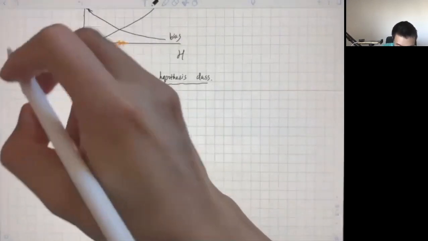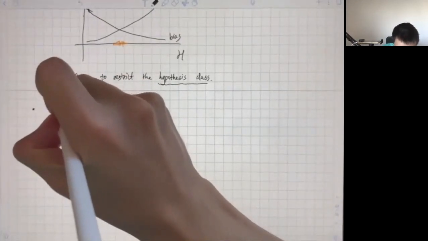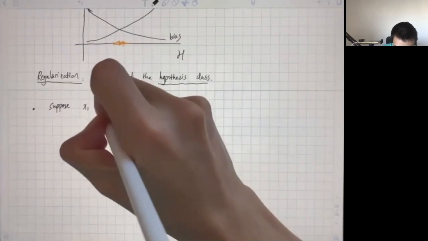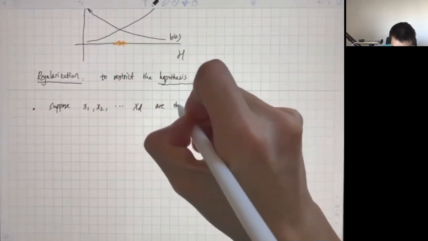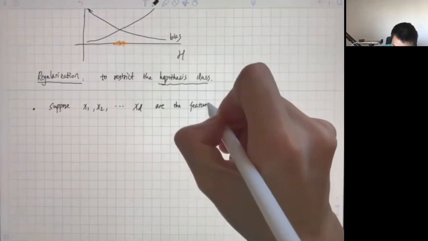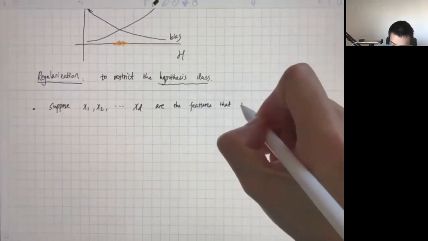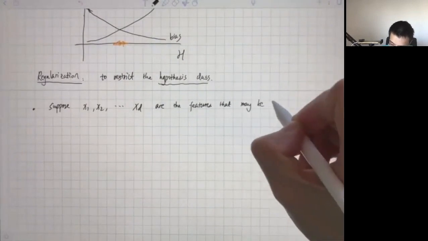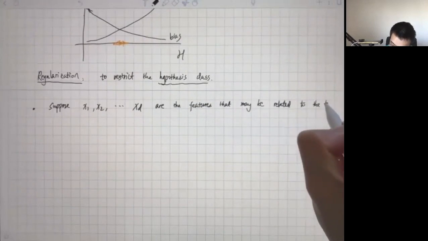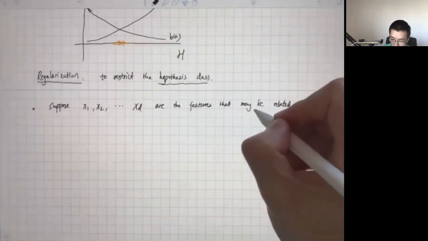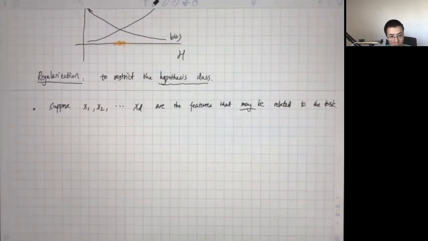For example, suppose x1, x2, up to xd are the features that may be related to the task. They may or may not be. Some features are related, some are not related, and some are more related than others, but you don't know.